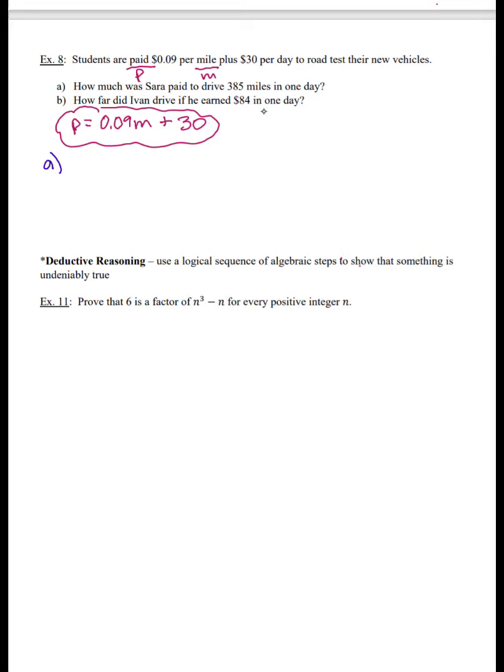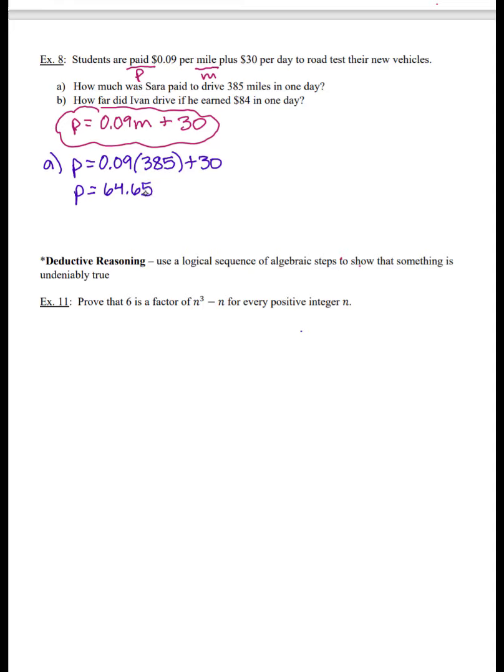So that's why I did that, P and M instead of like Y and X. So then we're trying to calculate the pay. So it's 0.09 times the 385 miles that she drove, plus the $30 that she automatically gets. Looks like P equals 64.65.